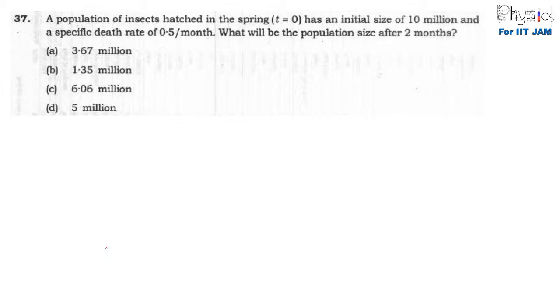Here option A is 3.67 million, option B 1.35 million, option C 6.06 million, option D 5 million.